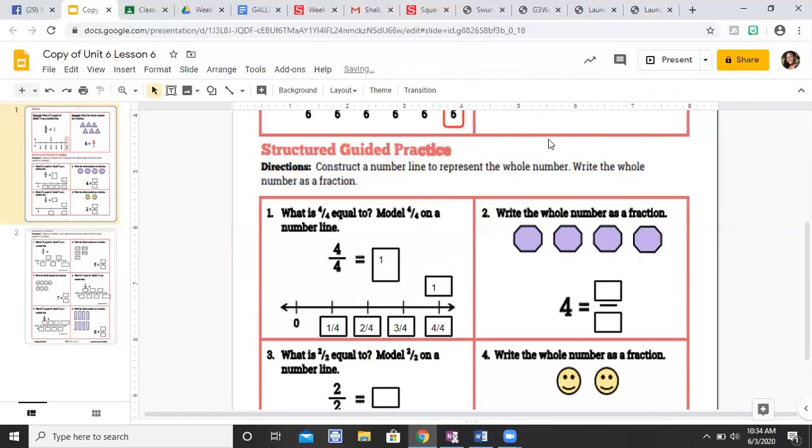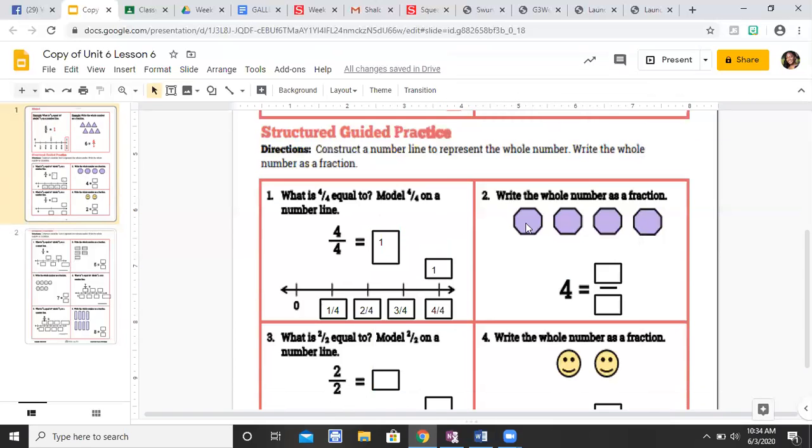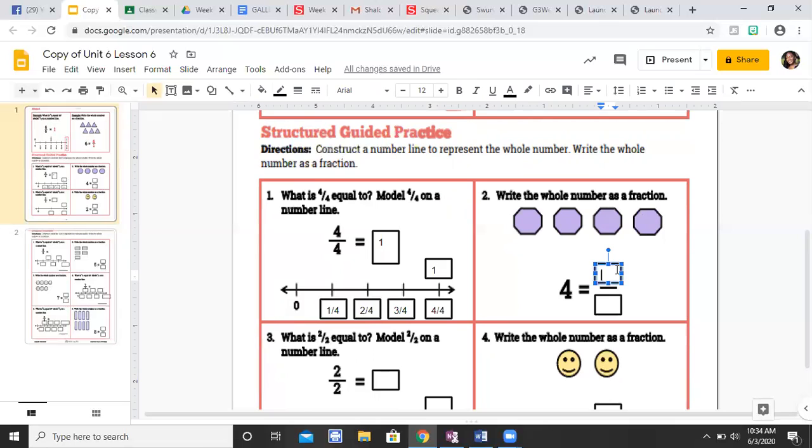All right, let's take a look at number 2. For number 2, we see 4 completely shaded octagons. Yes, octagons. 4 completely shaded octagons. So how many are shaded in? That'll be our numerator, or our top number, which is 4.